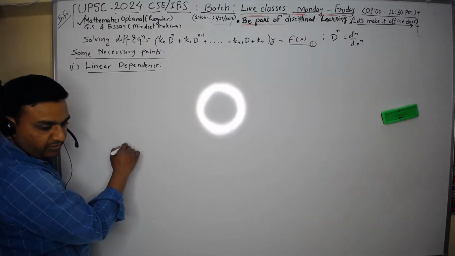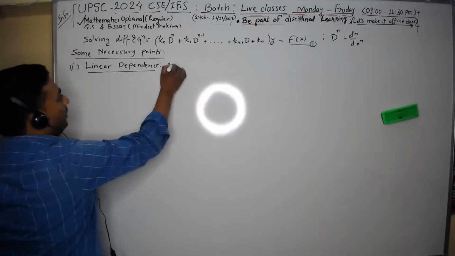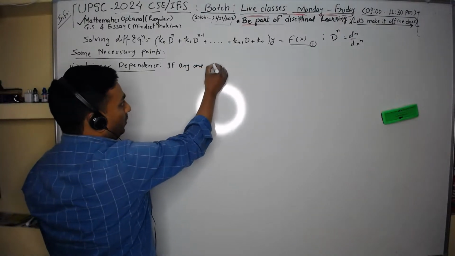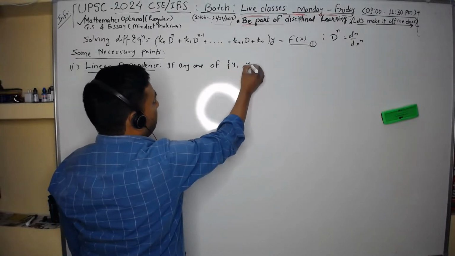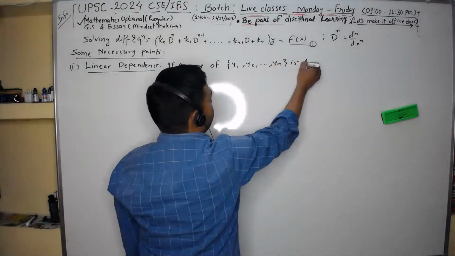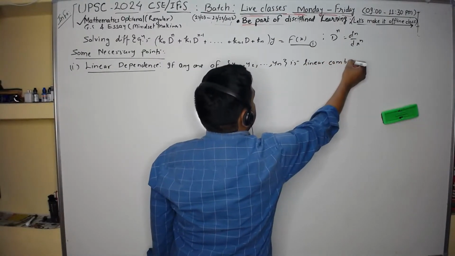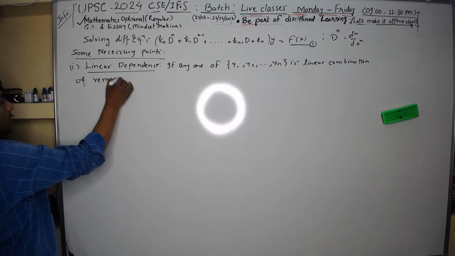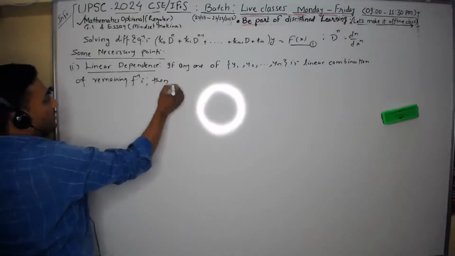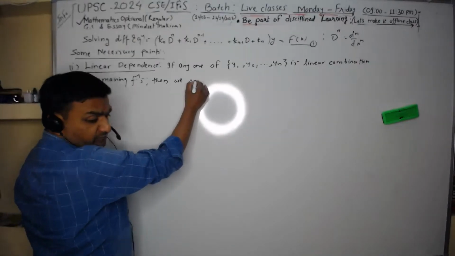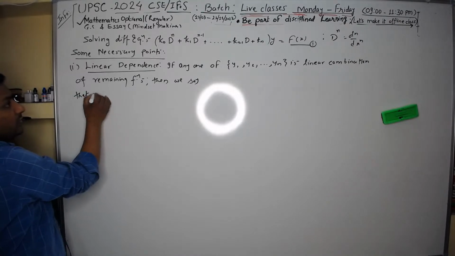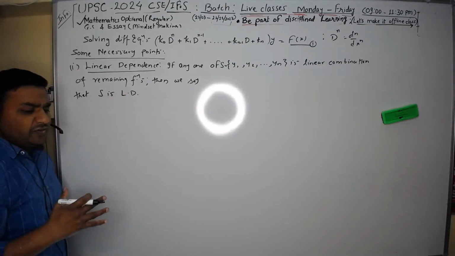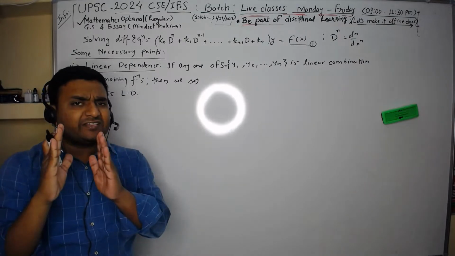If any one of y1, y2, ..., yn is a linear combination of the remaining functions, then we say that S is LD.